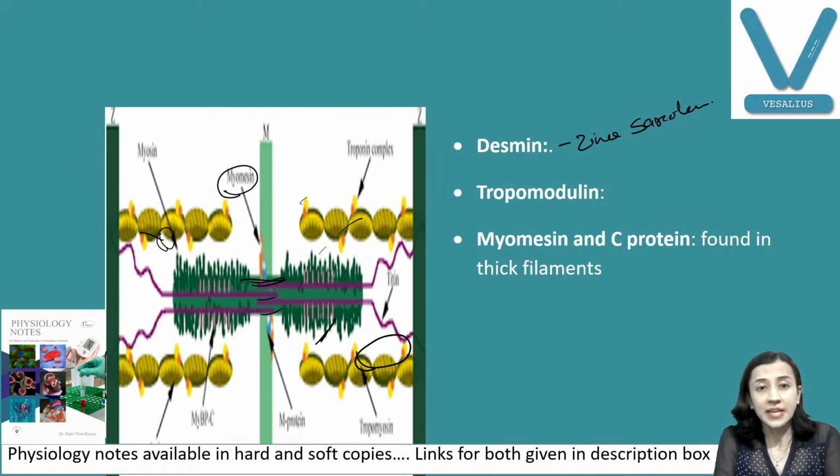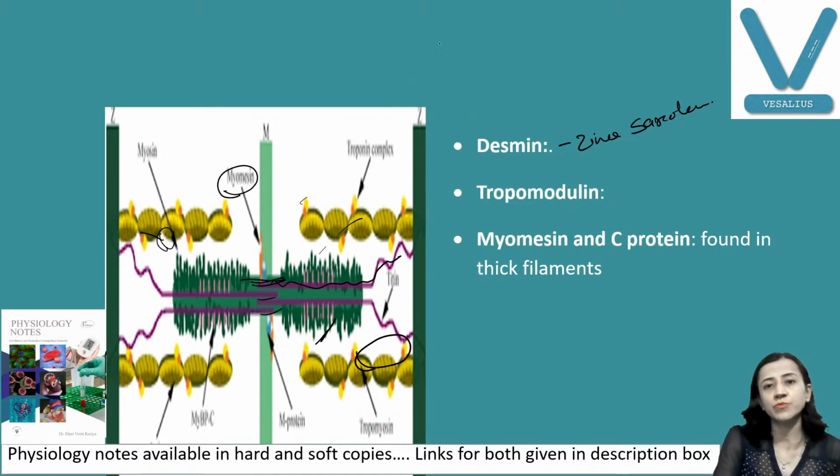And here from the M line it binds to the titin molecule and connects adjacent thick filaments to one another. So this is your titin molecule, you can see here, this one. So this myomesin binds to the titin molecules and they connect adjacent thick filaments to one another. Fine. So these are your different anchoring proteins.